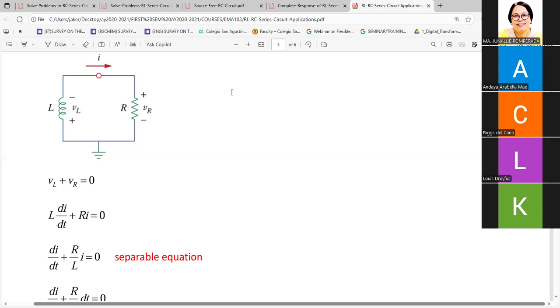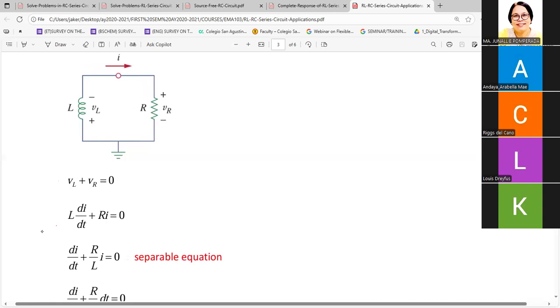So if you divide that by L, if you distribute the L as a divisor, this one will cancel and it will introduce the L here.